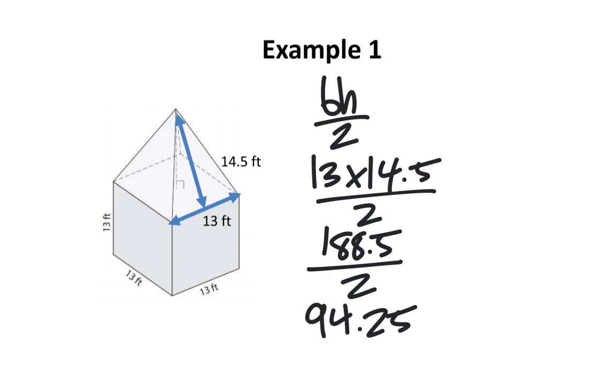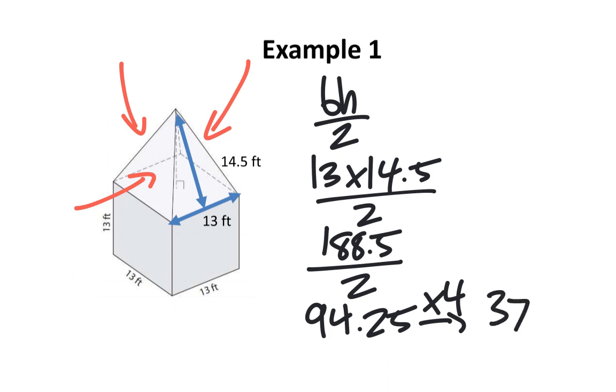However, this triangular face is repeated over here, in the back, and in the back here as well. Therefore, I'm going to take 94.25 and multiply it by 4, which gives me 377 feet squared.